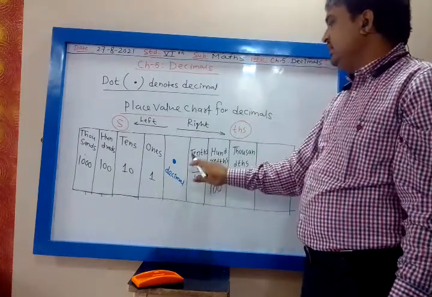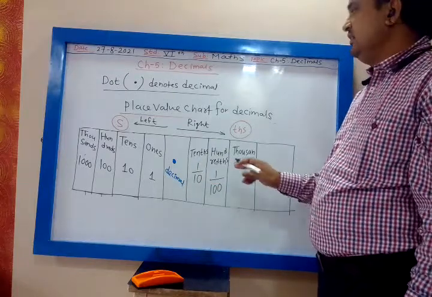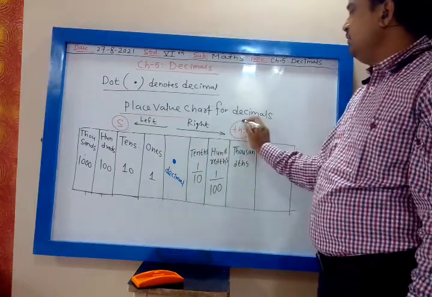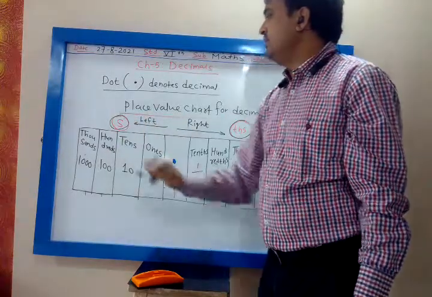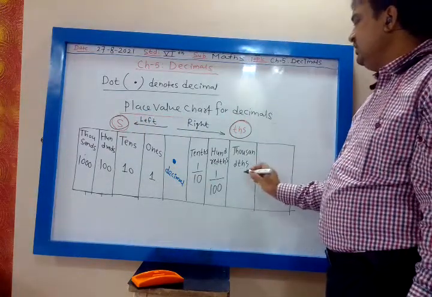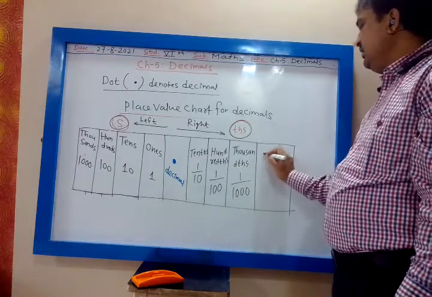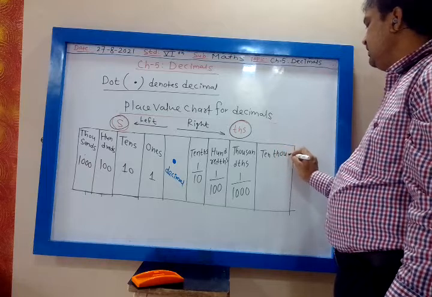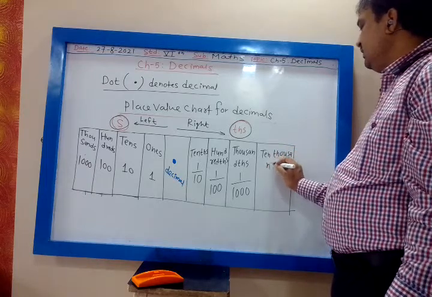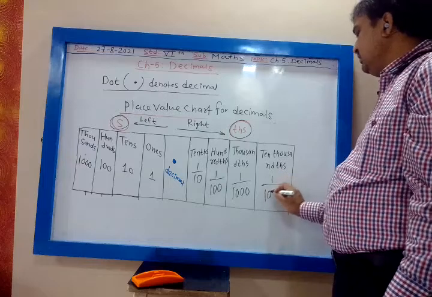After decimal I have written tenths, T-E-N-T-H-S. To the right side you have to use THS, to the left side you have to use S. Thousandths means 1 upon 1000. Then ten-thousandths, which is 1 upon 10,000.